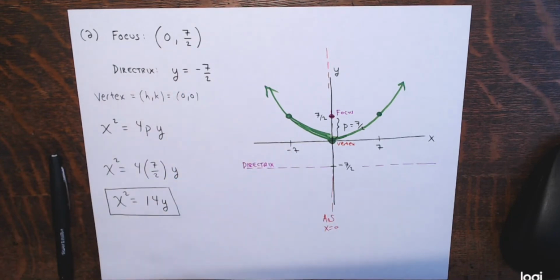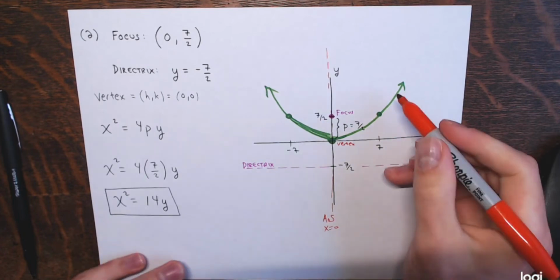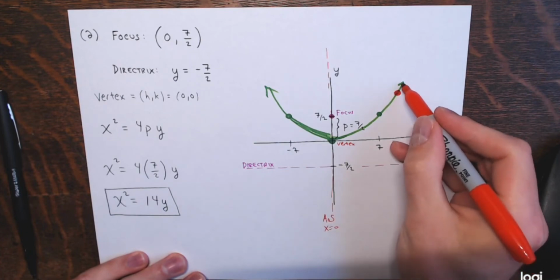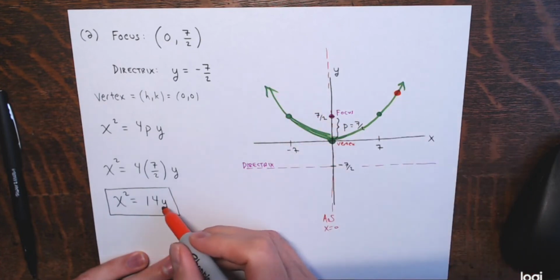And something I forgot to mention in the first example, I'm sorry, but the reason why, if you're given just a focus and a directrix, you can define a parabola, is because of how a parabola is defined. All the points on the parabola, you could take any point you want, any point on this curve, any solution to this equation.